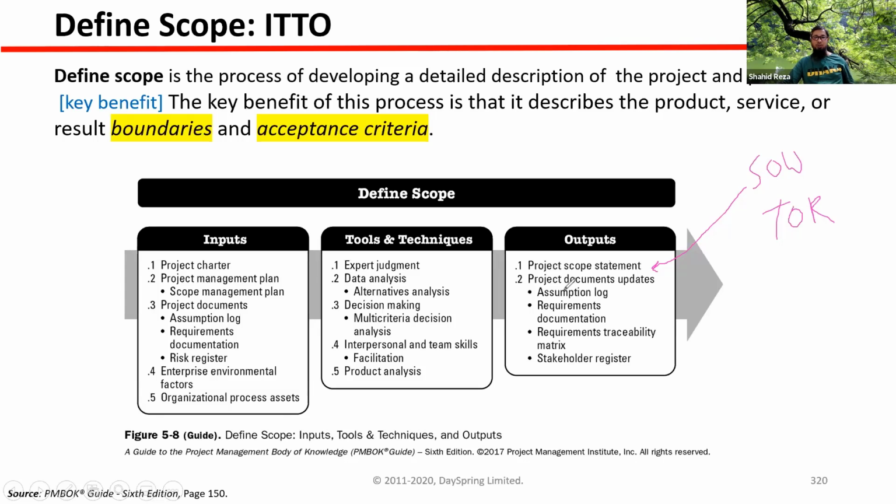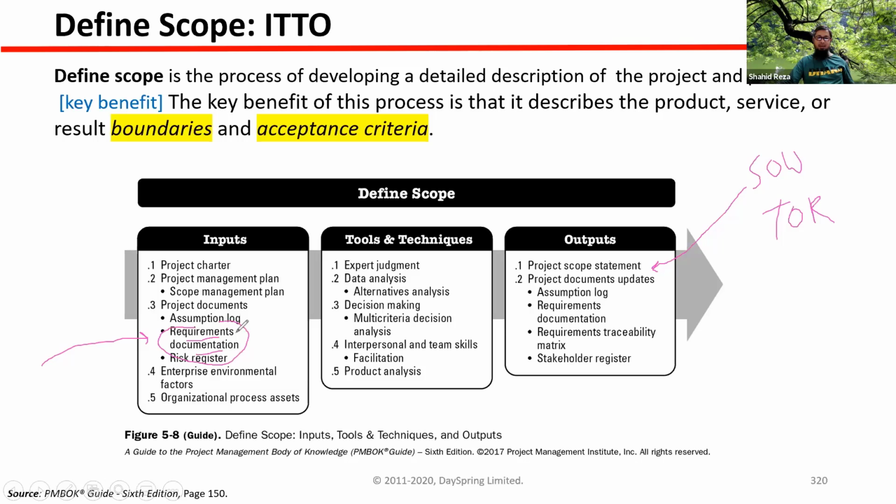All right. See what the main input is here: requirement documentation. That means all the requirements we collected in the last process we wrote in this document, the requirement documentation.